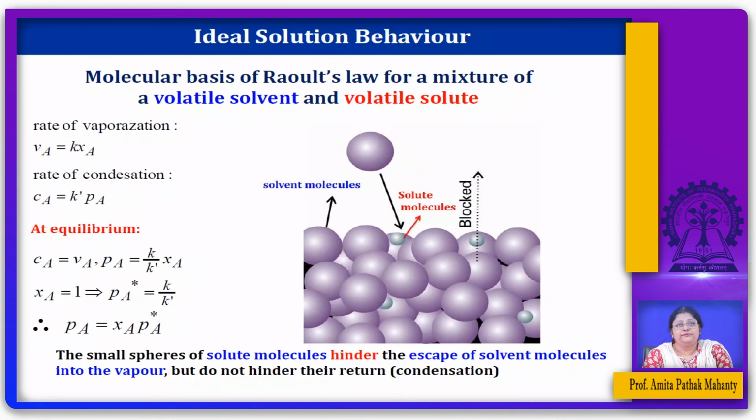Here the partial pressure you are talking about can be equated to the vapor pressure of A in the pure state. If I put this as 1, then what can I write from this?